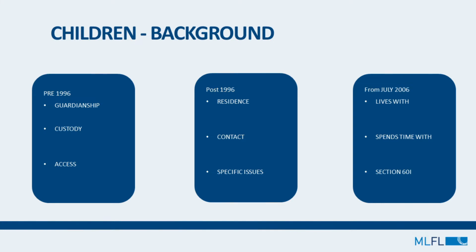Post-1996, the terms were residence, contact and specific issues. But now the terms that we use are a lives with order, i.e. who does the child live with, and it can be an equal arrangement, or who does the child spend time with, that's instead of contact or access.